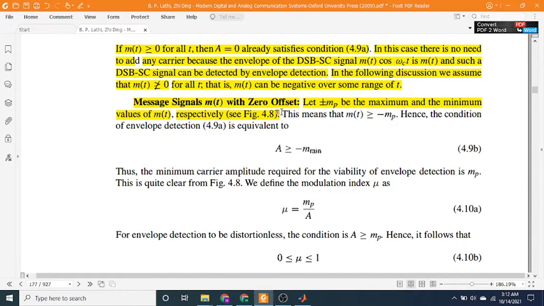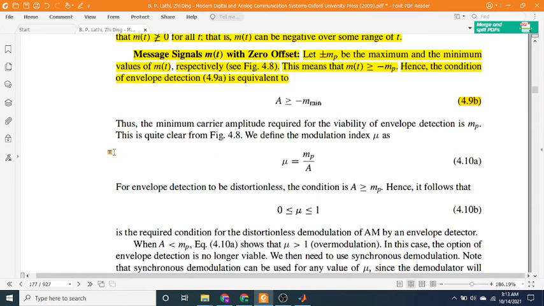This means that m(t) ≥ -m_p, hence the condition of envelope detection 4.9a is equivalent to A ≥ m_p (4.9b). Thus, the minimum carrier amplitude required for the viability of envelope detection is m_p.